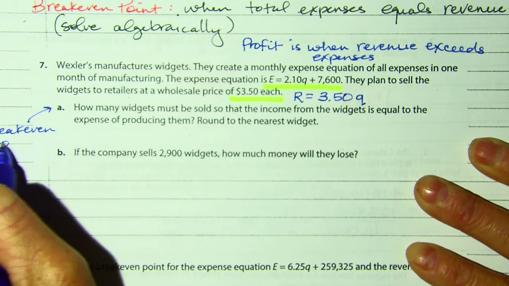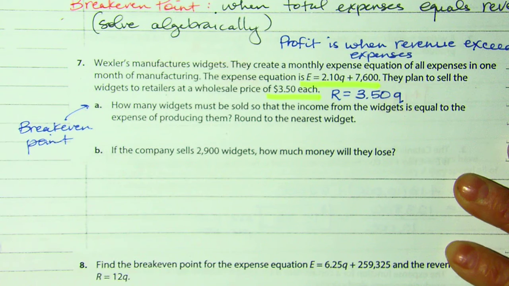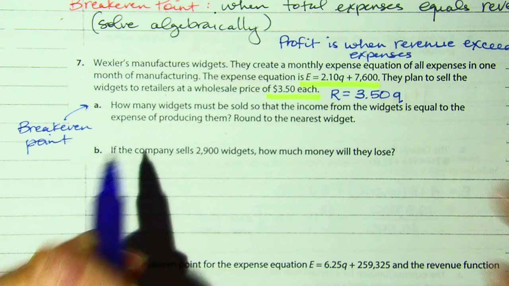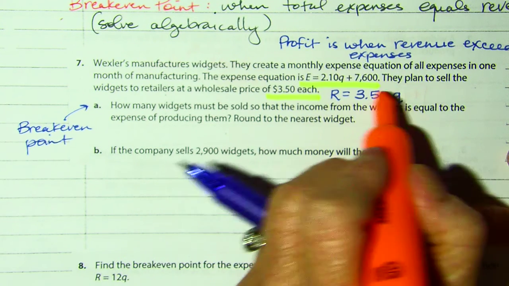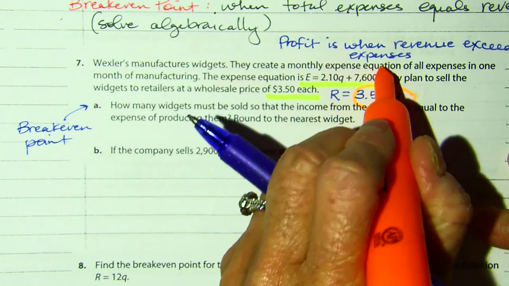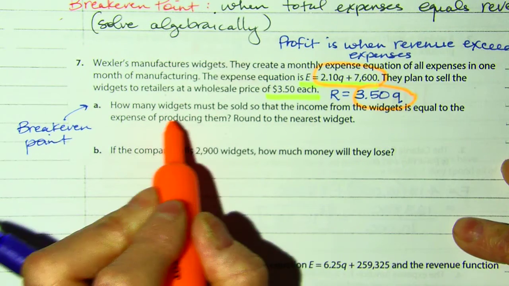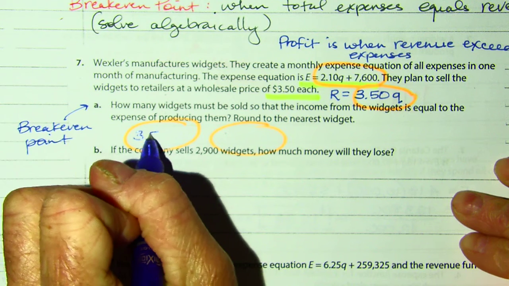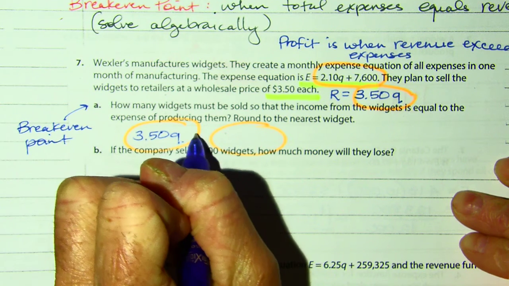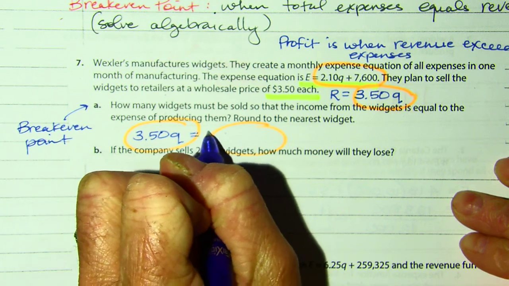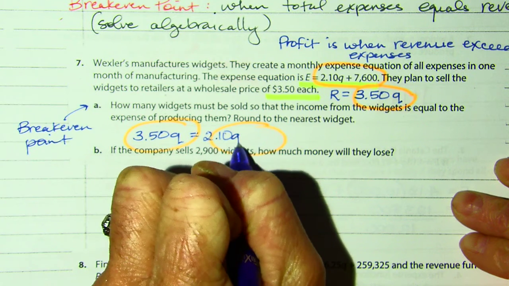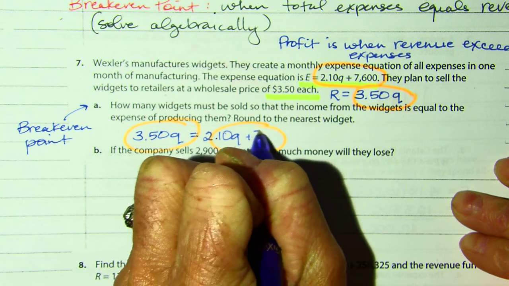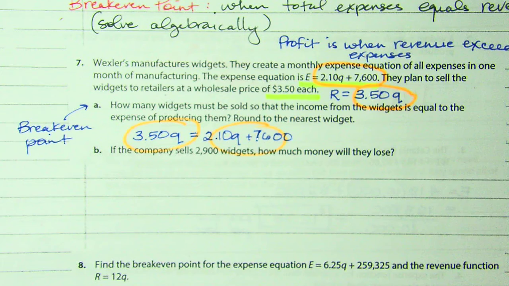So part A is asking for our break-even point. And in order to find it, I'm going to set my equations equal to each other. So I'm going to set 3.5Q equal to that one. 3.50Q, when is it equal to 210Q plus 7,600?